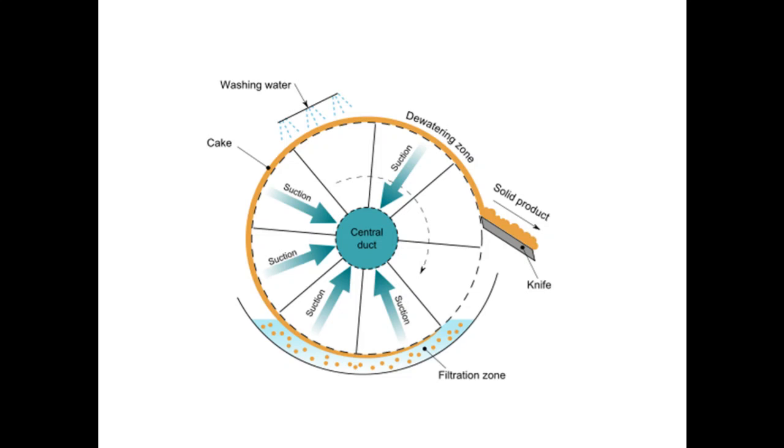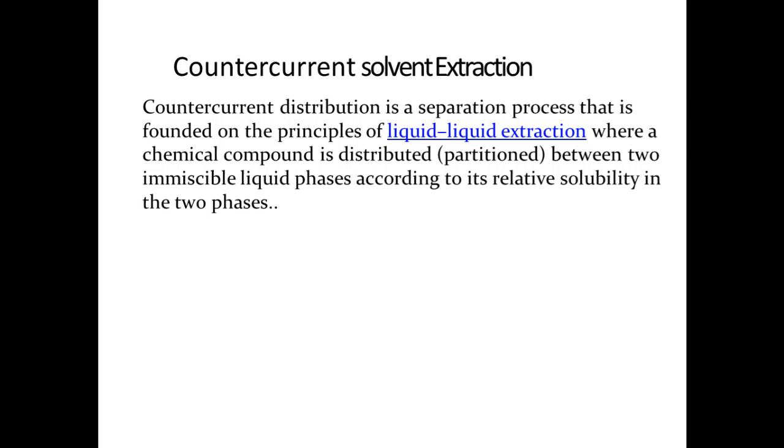The drum rotates through the liquid and vacuum sucks the liquid and solid onto it. Liquid is sucked into the internal portion of the drum and solids adhere to the outside of the drum, and you can see in this picture that the solid is separated from the liquid. This particular type of filter is mainly used in this production.